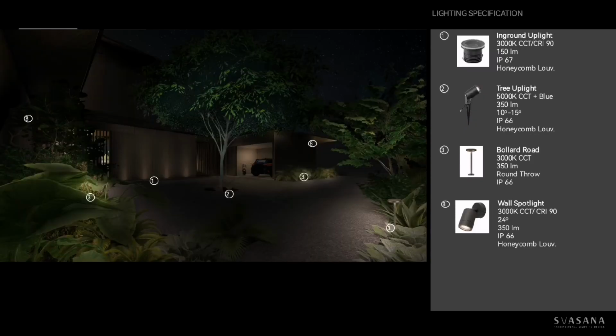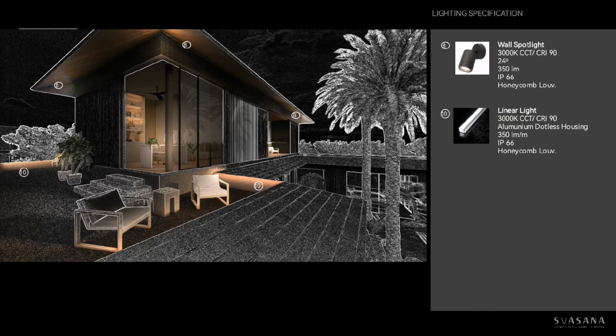And in the drop off, also the same light. Number one is in-ground uplight, then the tree uplight, the bollard light, and the wall spotlight for the roof or ceiling. And in the rooftop, also the same spotlight for the roof, and then the indirect linear lighting with the warm white color for the perimeters of the wall.